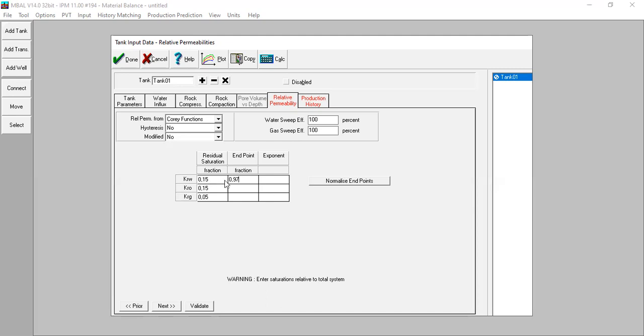And then for the oil, 0.8, whereas for gas, it is 0.95. So for exponent, for water, 1.3, 1.5 for oil, and for gas, 1.